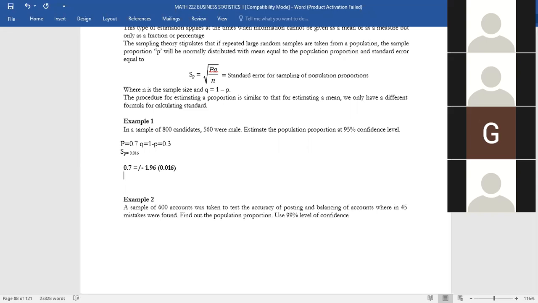So what do we get for the upper limit? This is plus. What do you get?